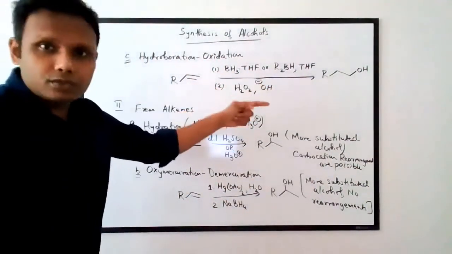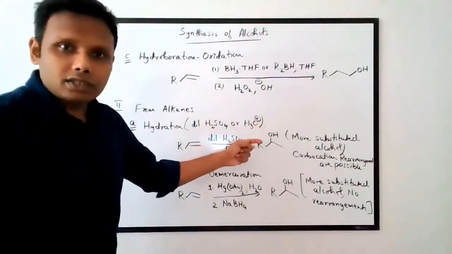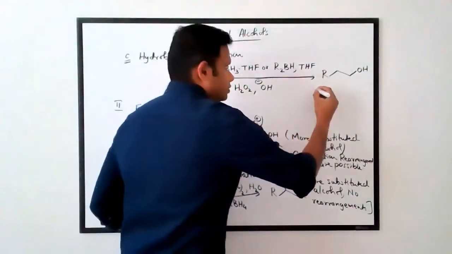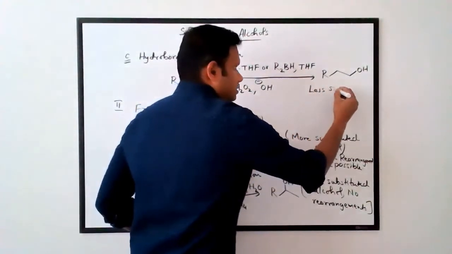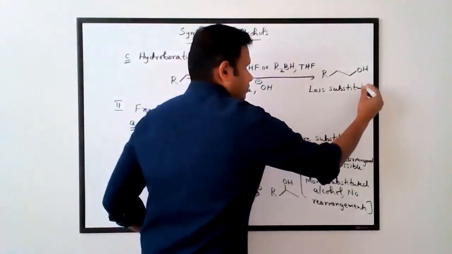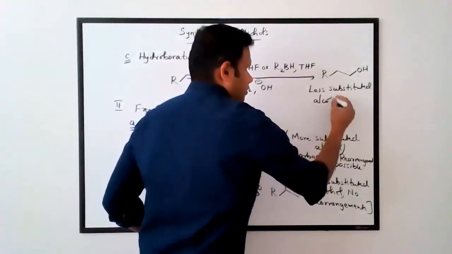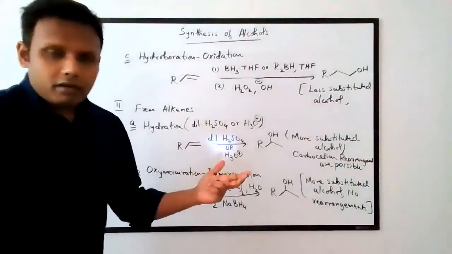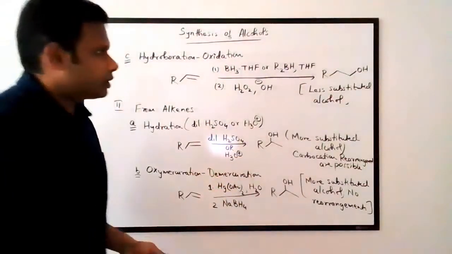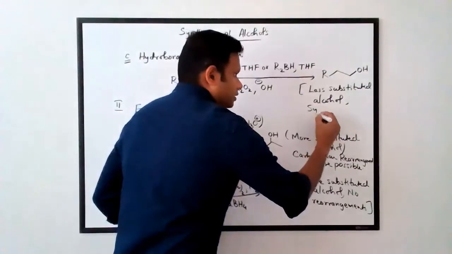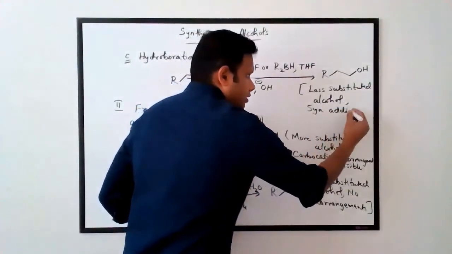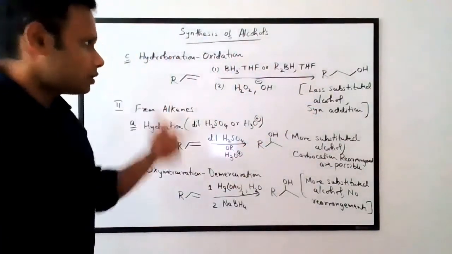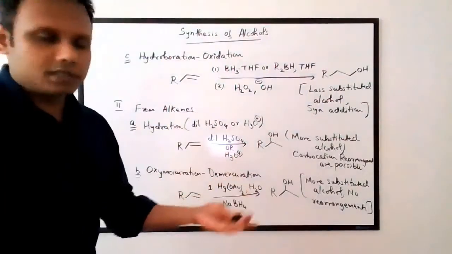So compare the regiochemistry of where the hydroxyl ends up with the hydration reaction or the oxymercuration-demercuration. So we get the less substituted alcohol. And where possible, you can talk about stereochemistry here, because this reaction results in a syn addition of the hydrogen and the hydroxyl group. Okay, a syn addition happens.